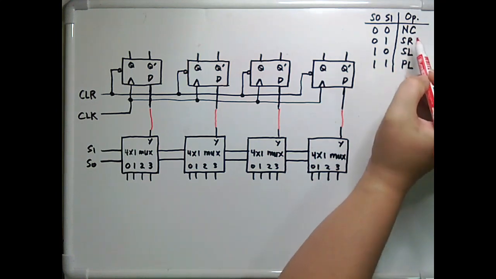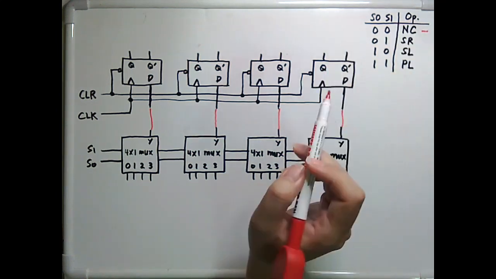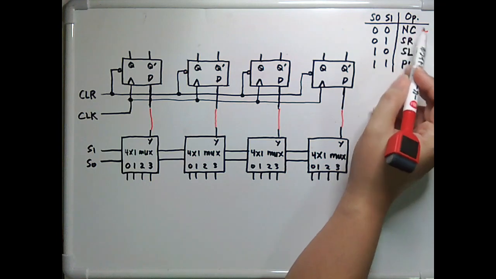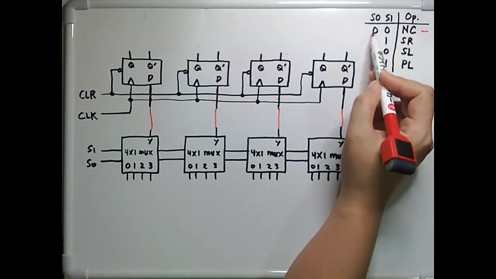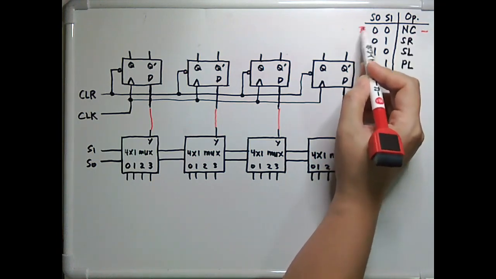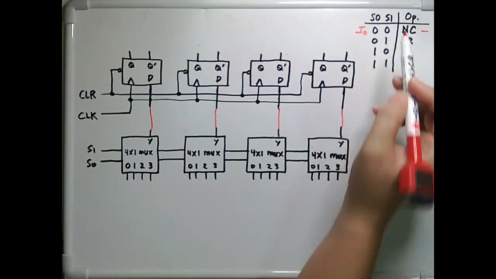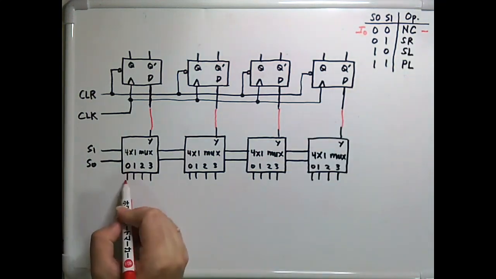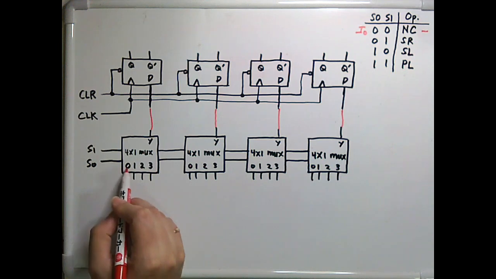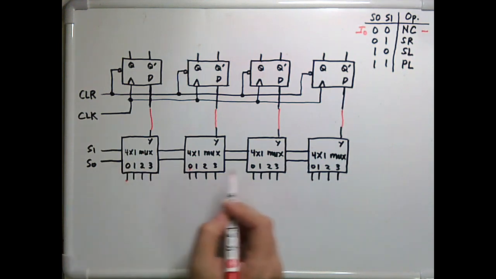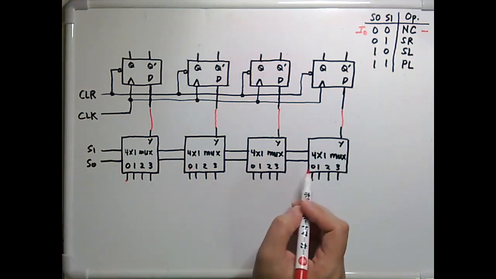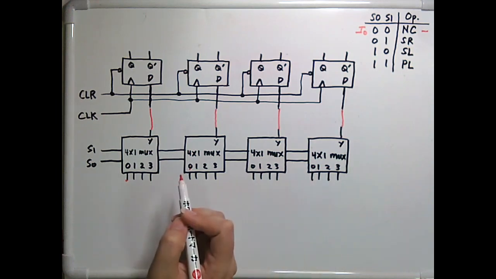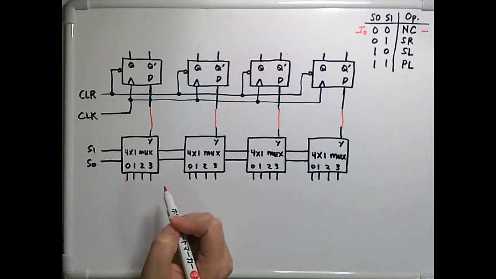Next, using the mode control inputs, we need to support this set of operations. Let's take first no change. To enable no change, we must use input I0 since this is 00. So I0 are here, indicated by the 0 labels in the multiplexers. No change means whatever the present value of Q is the next state value of our D flip-flop.